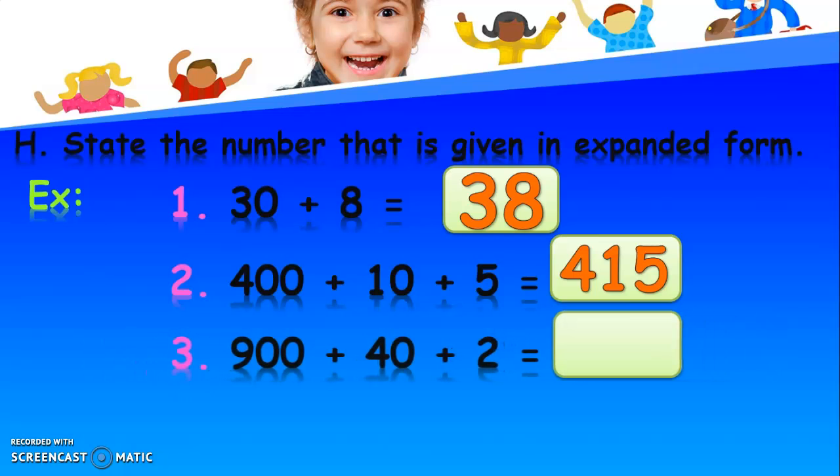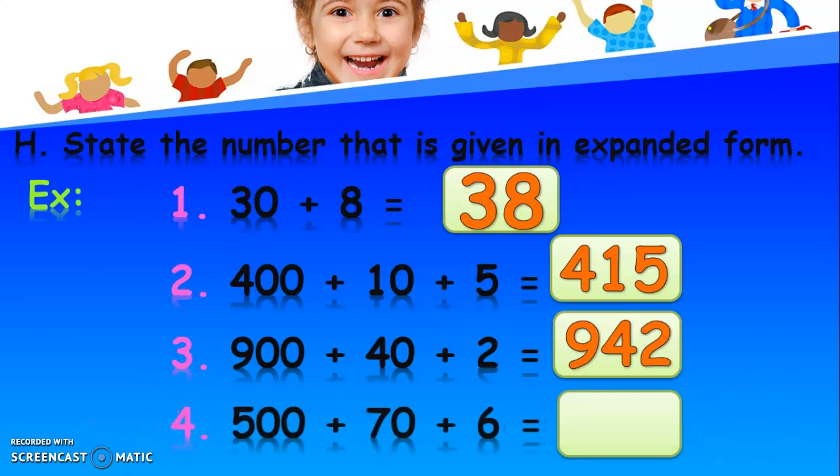Number 3, 900 plus 40 plus 2 equals 942. And for number 4, 500 plus 70 plus 6 equals 576. Let's go to the next part. This is now for page 7.